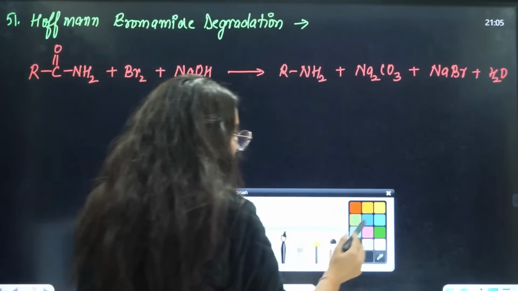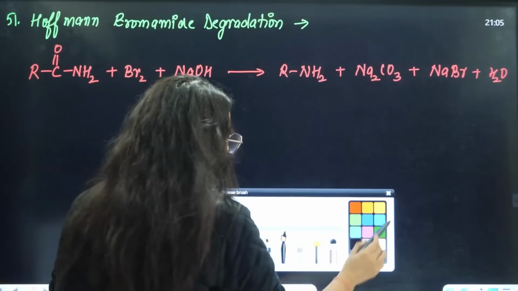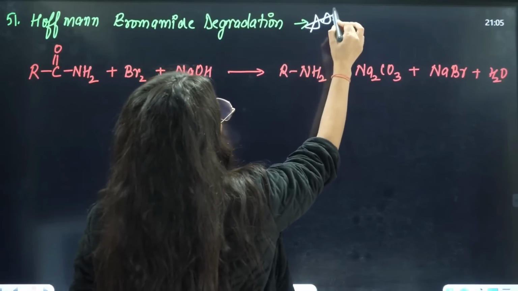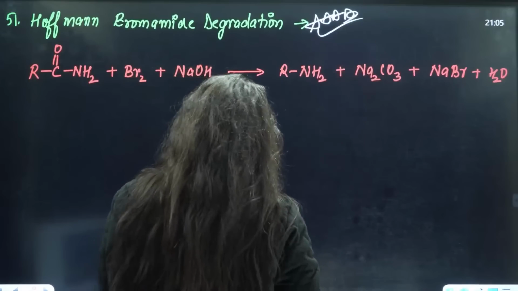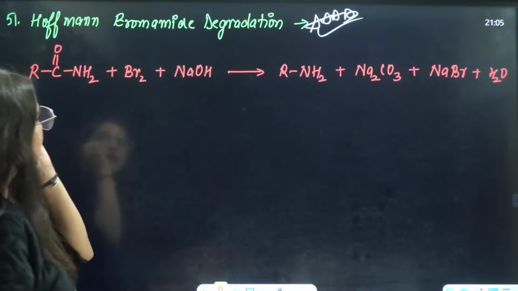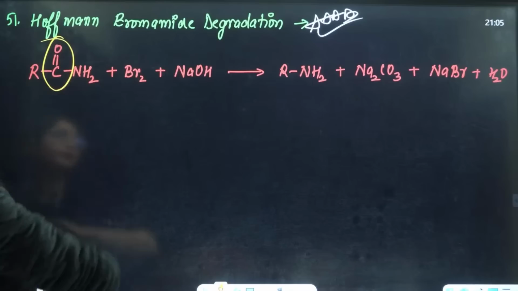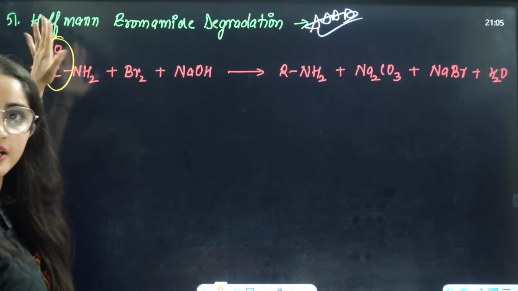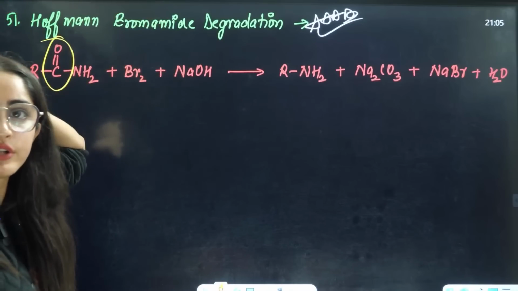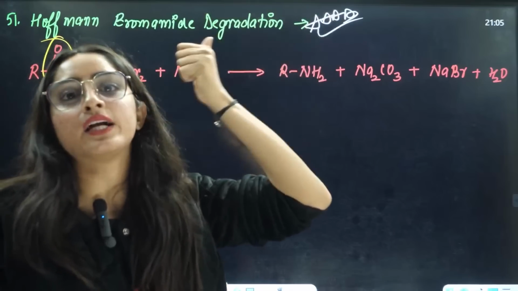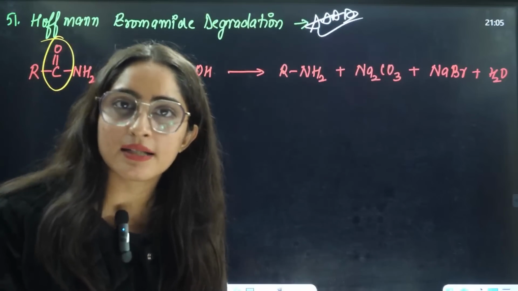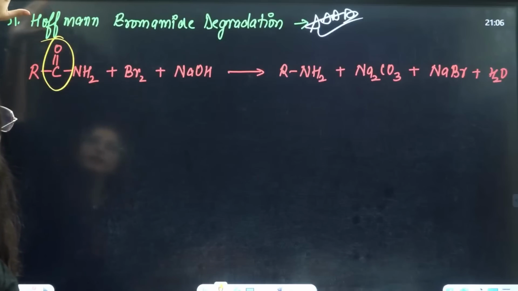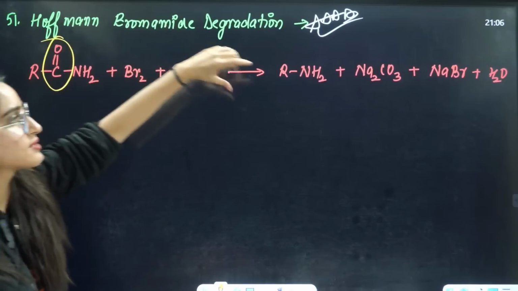Hoffman bromamide degradation, again a very important reaction, right? Here what we do, it is decrementing of one carbon, we just eliminate one CO from there. So this will be eliminated and you will have RNH2 as the answer.